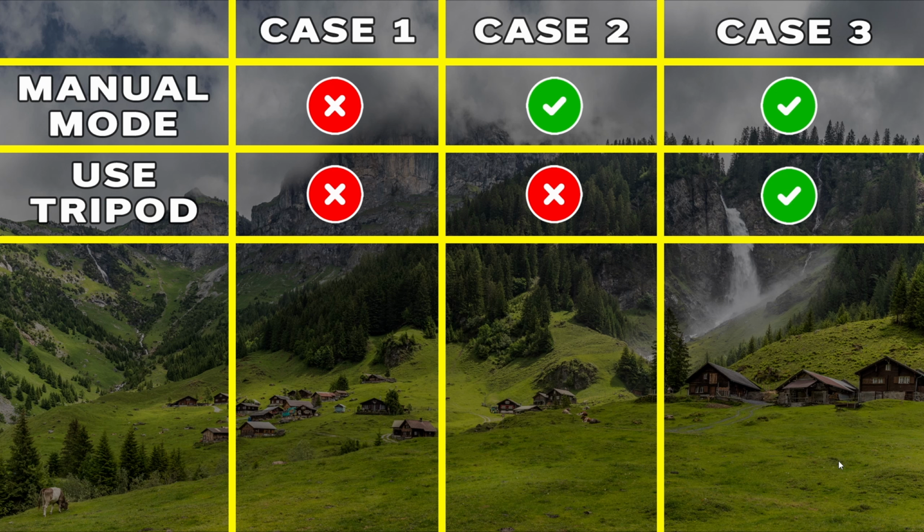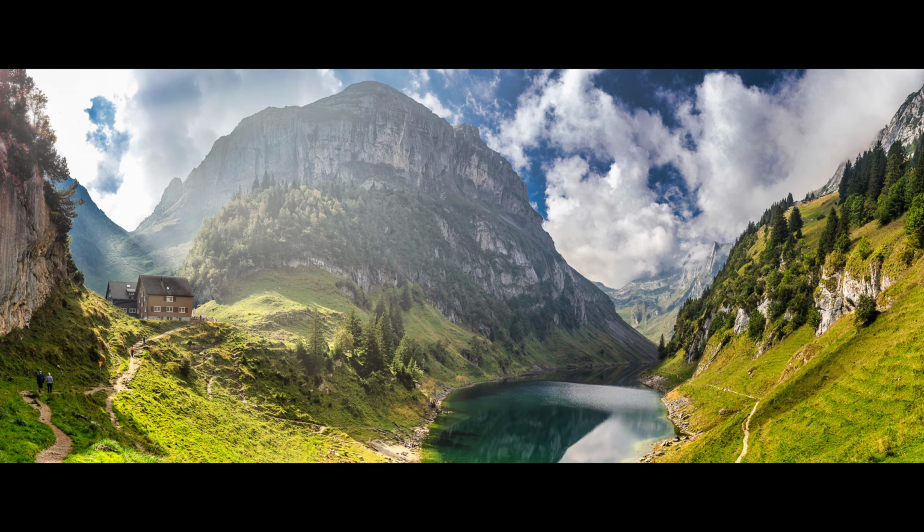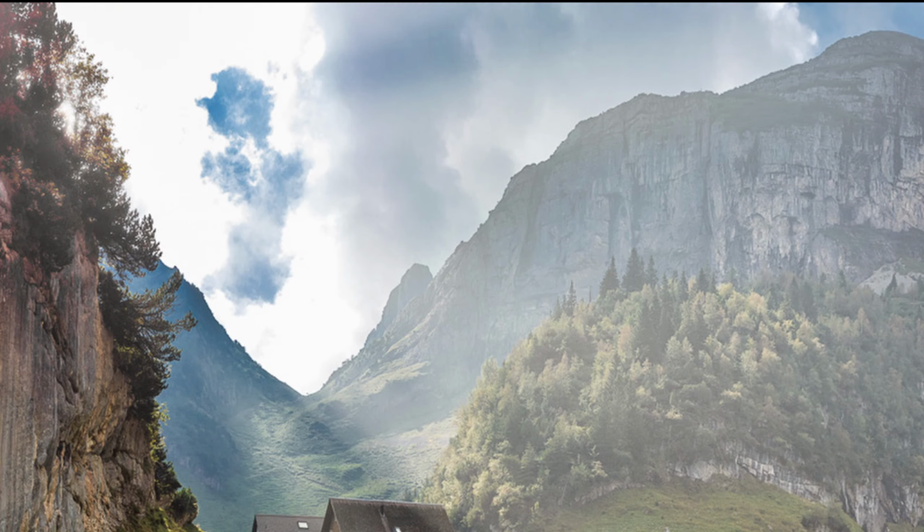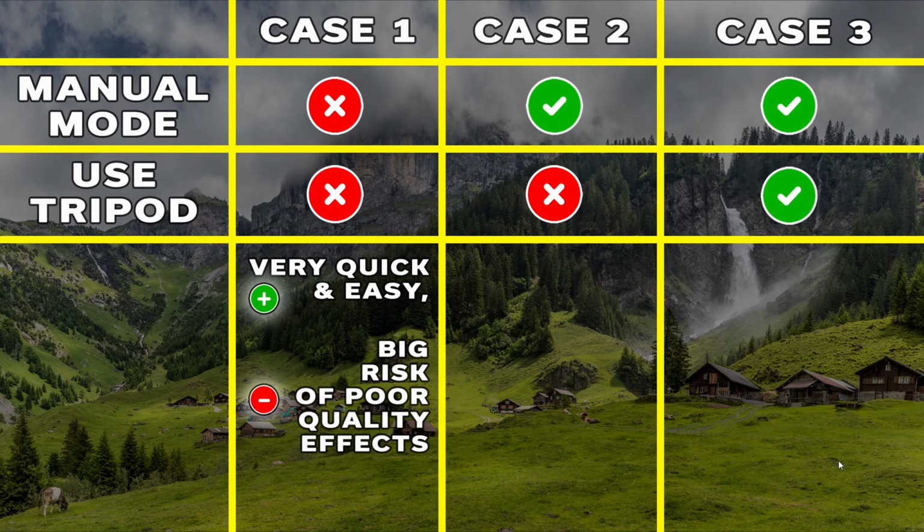Case 1, if you are not using manual mode, but you are shooting auto or half manual, and you are not using a tripod. This is a very quick and easy option if you are following the rules I said earlier about overlapping the pictures, but you are getting a really big risk of poor quality effects. So this is the reason why I do not recommend that option.